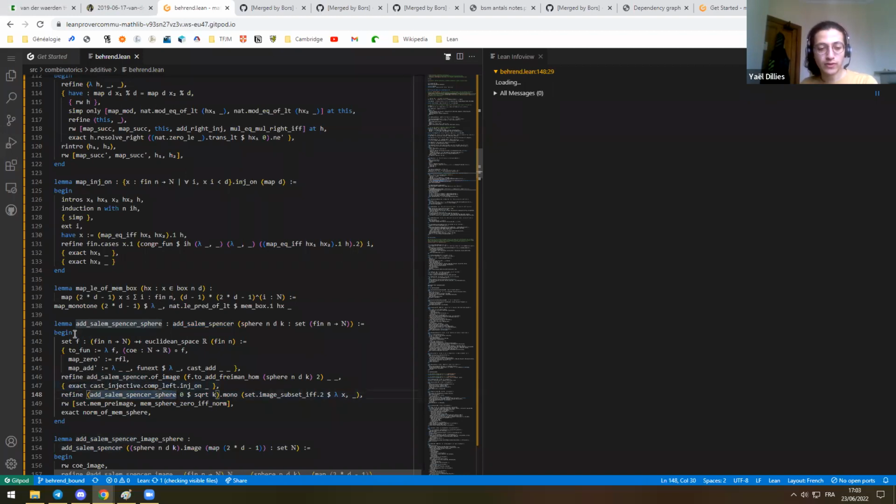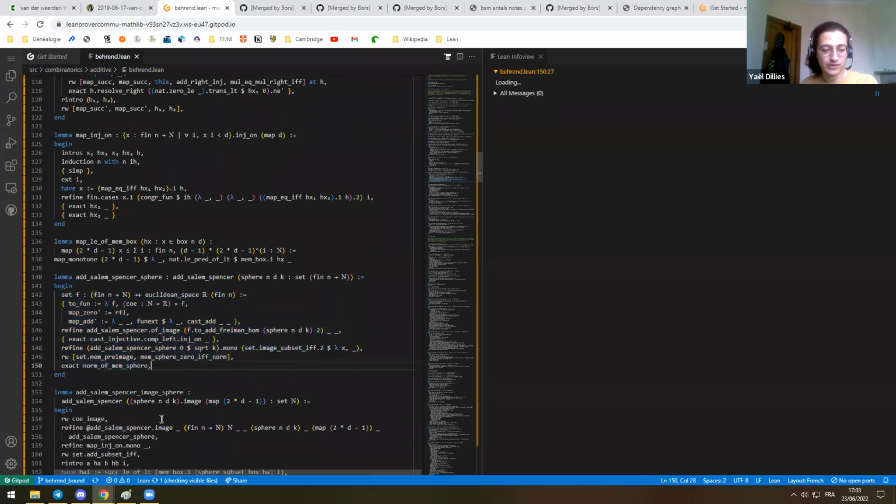And so what this lemma does is to get from the fact that the Euclidean sphere is Salem-Spencer to the fact that the corresponding sphere in N to the D is also Salem-Spencer, which is obvious, but it's 9 lines and it's probably 8 too many, but fine.